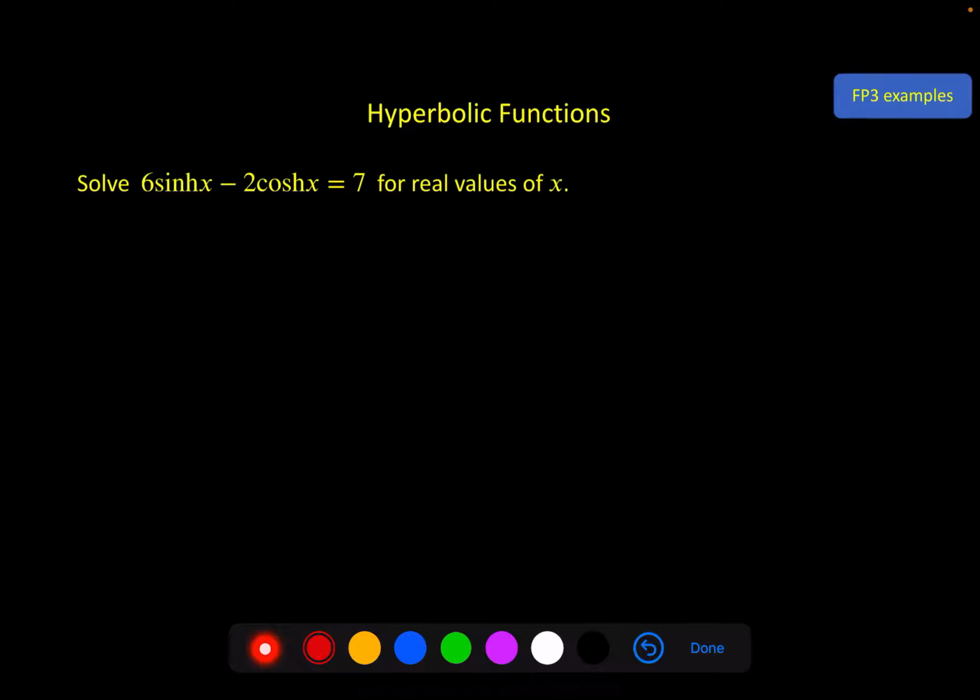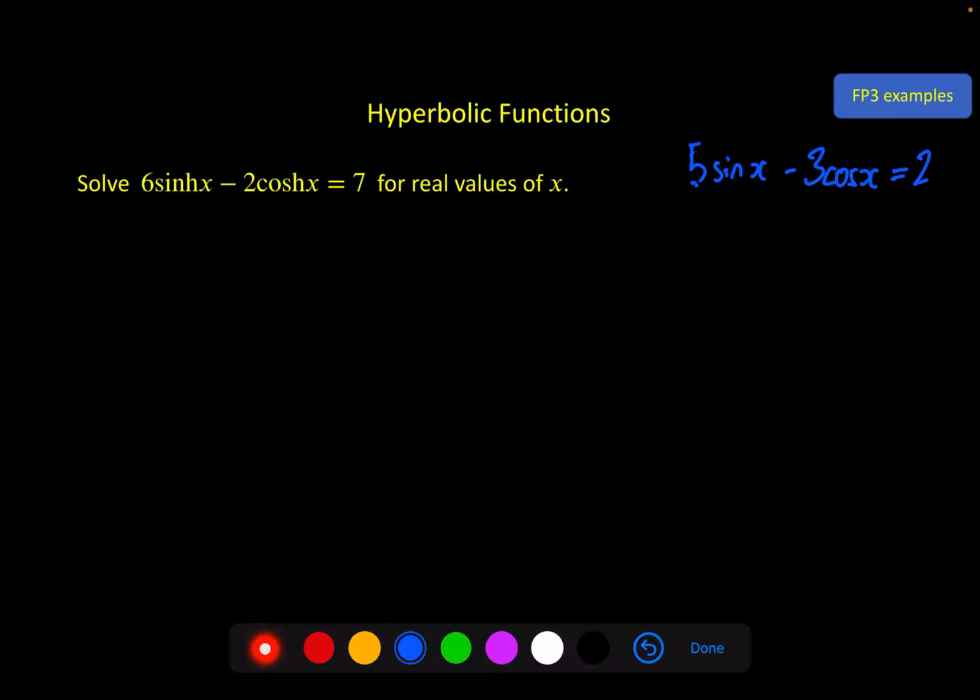This first question: solve 6 sinh x minus 2 cosh x equals 7 for real values of x. Now this is a little bit interesting because if you were to do a similar sort of question, let's say 5 sin x minus 3 cos x is equal to 2, just as a quick example, that is not a particularly easy question to do.